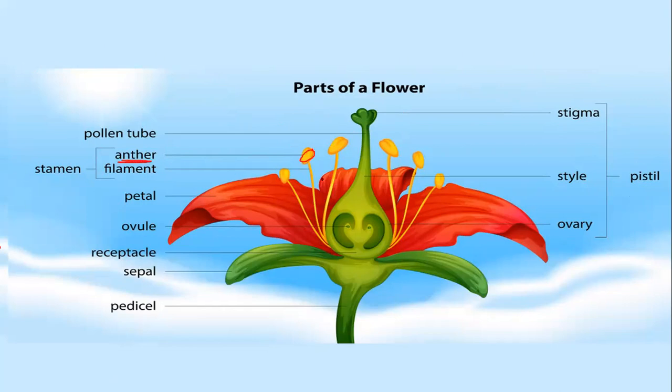Yes, we have 1, 2, 3, 4, 5, 6 anthers. Now, above the anther, there is what we call pollen, the color yellow like that. That is what we call pollen.